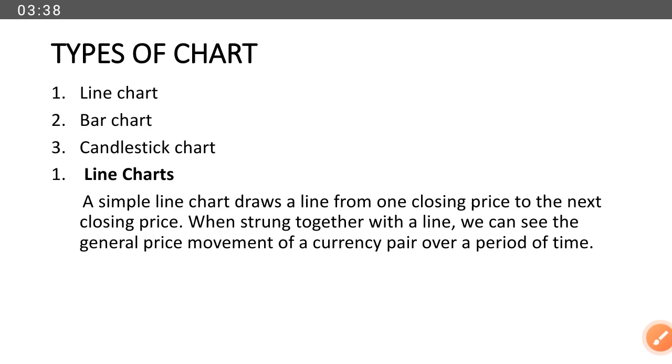The line moves up and down, joining the opening and closing prices together. So it moves up, down, up, down. That's a line chart, it uses lines. I will show you an example before we finish.